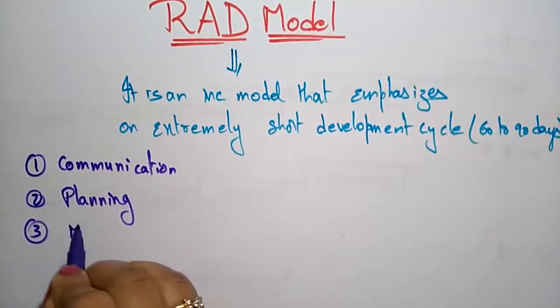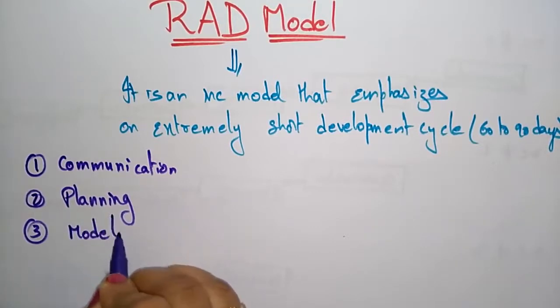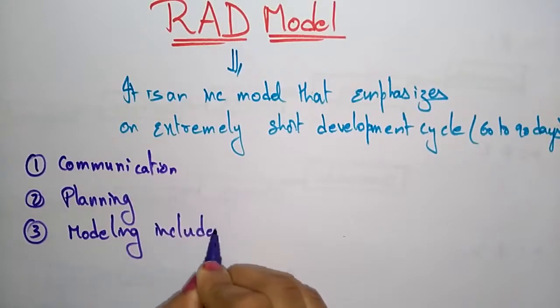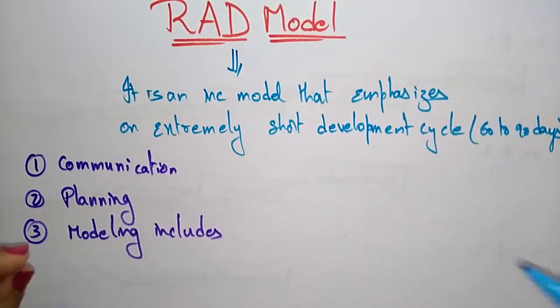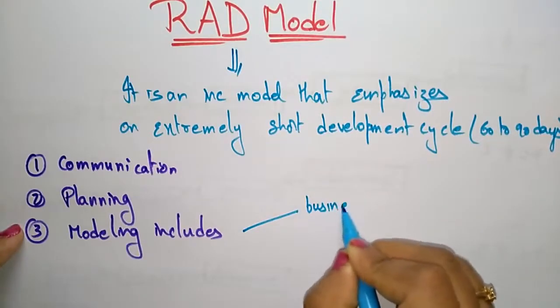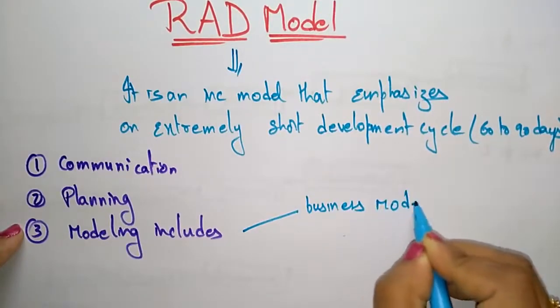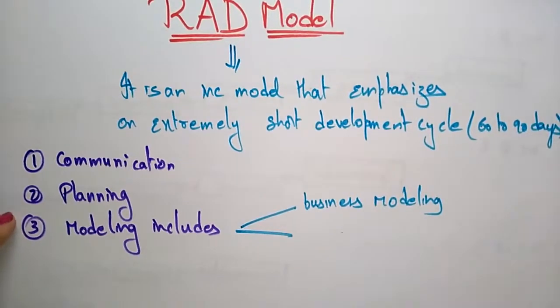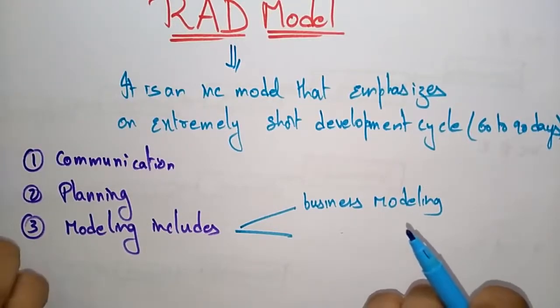After planning, the developer models the project. The modeling in the RAD model includes business modeling, based on the usage of the customer and the person who is developing the process.